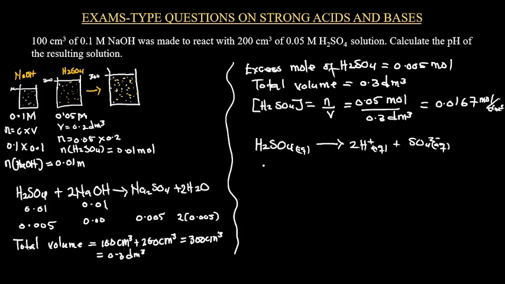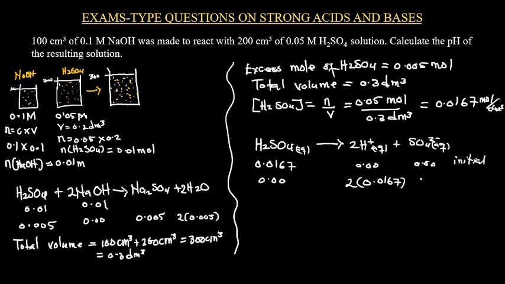Now, this is a strong acid, which means it dissociates completely. So if the concentration we have initially was 0.0167 molar, this is our initial stage. Now at equilibrium state, we're going to have none of this H2SO4 in solution because it's a strong electrolyte, which means it dissociates completely. So we have 0.00 left, and then the mole ratio is 1:2, so it's going to have twice of that, which is 0.0334.